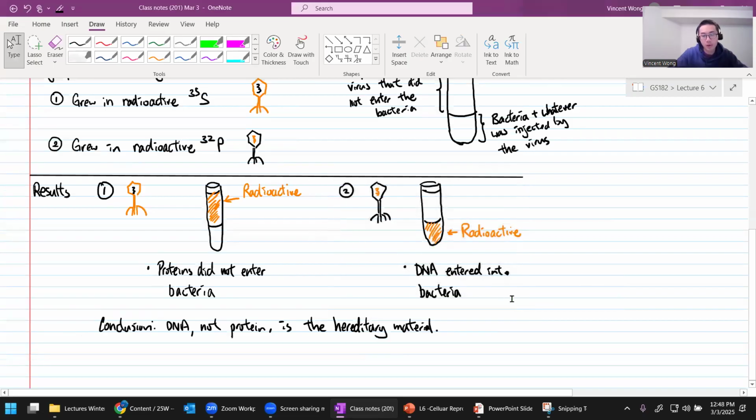If you look at number two alone, it shows that the DNA went in, but you cannot show that's the only thing that went in. Like maybe the protein went in too. I wouldn't know unless I did the other experiment as well. Right? If I just have the experiment number one, then I know the protein didn't go in, but it doesn't mean the DNA went in, right? That's why you need to have both of these results to be sure.